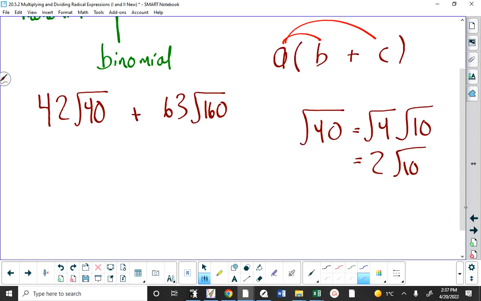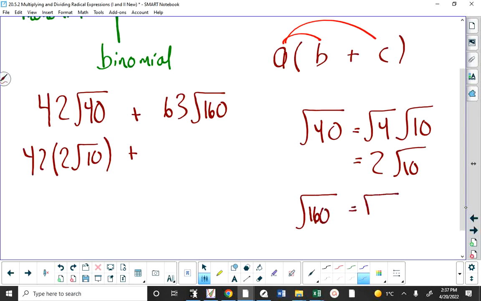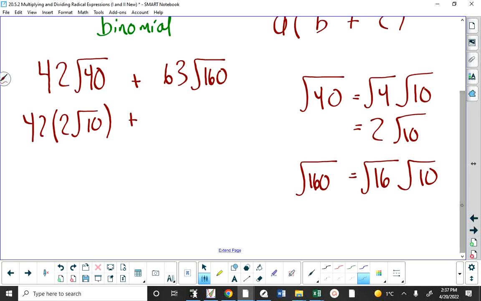So I have 42 times 2 root 10 plus, oh, this is going to be very nice, because I think we're going to get root 10s out of the root 160 as well. Root 160 is root 16 root 10, which is 4 root 10.